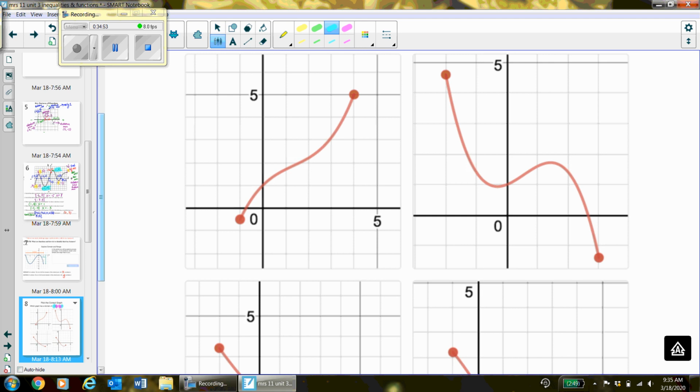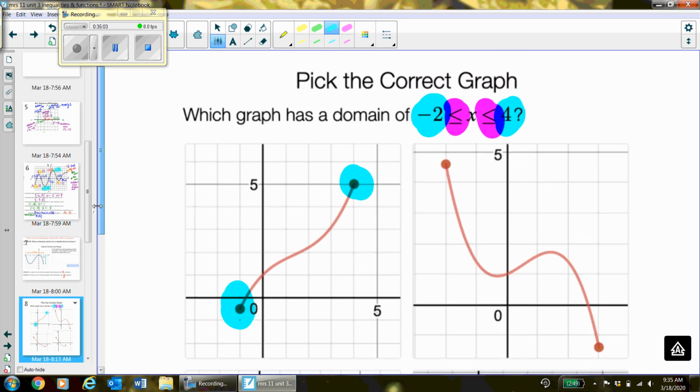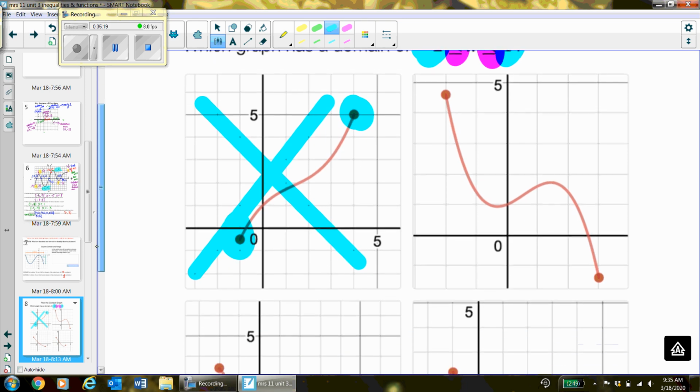This one is starting at x equals 1 and ending at x equals +4. That's not what we're looking for. This one is starting at x equals -1 and ending at x equals +4. We want it to start at -2.